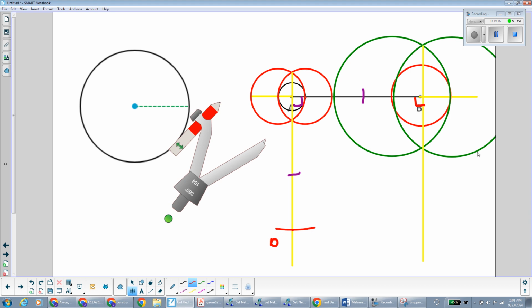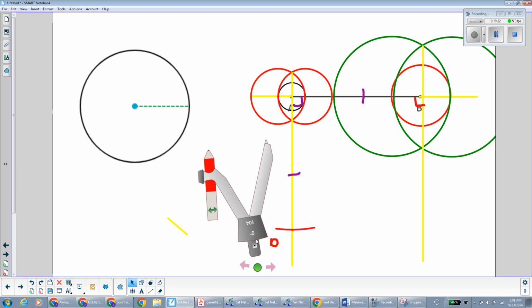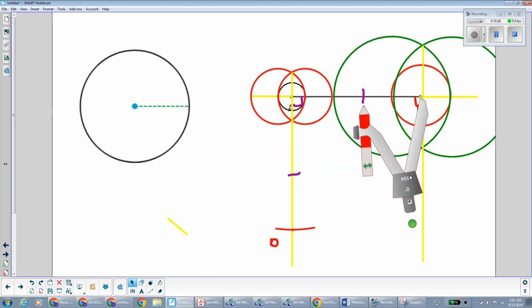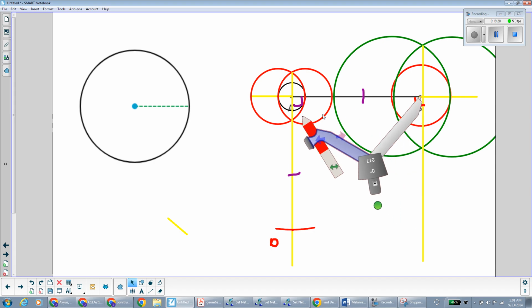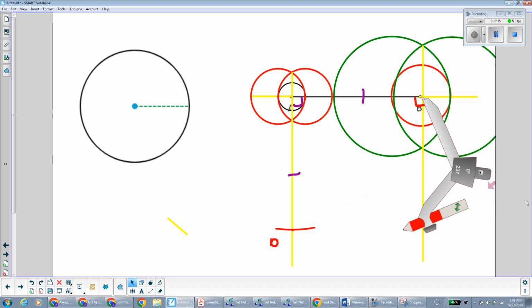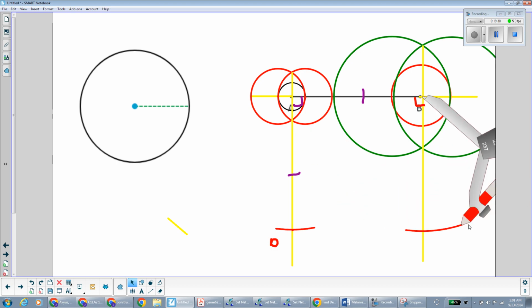And I just need to make sure the side is the same length as AB, so all the sides are the same. So I'm going to take my compass and measure once again. Then I'm going to swing that measurement down here, and that's going to be point C. Now the last thing I have to do is connect my points together.